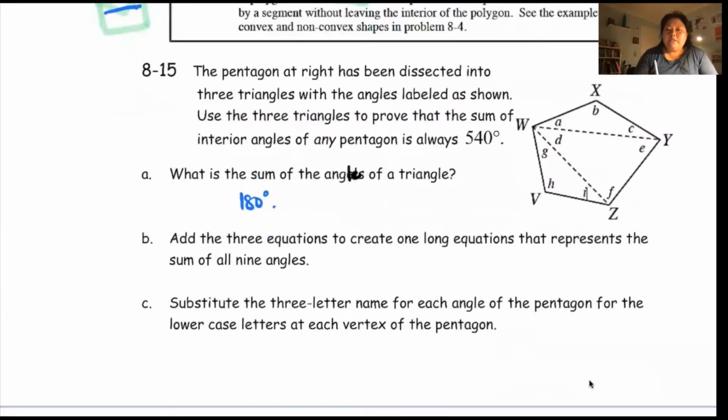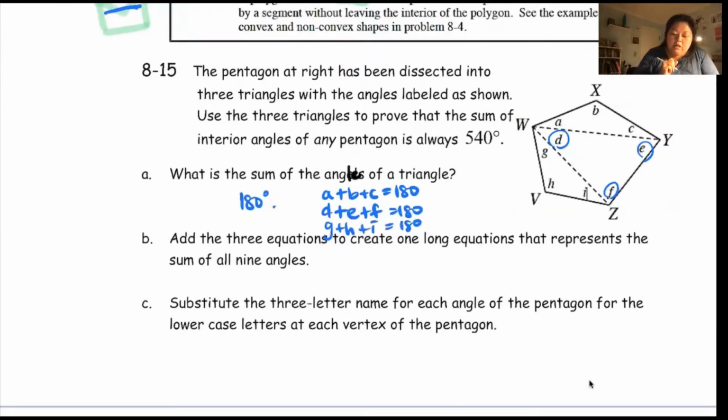So let's go ahead and use the space we have up there. We know that in this picture, triangle angles A and B and C add up to 180. Then next angles D, E, and F. So D plus E plus F also equal 180. And then G plus H plus I also equal 180.